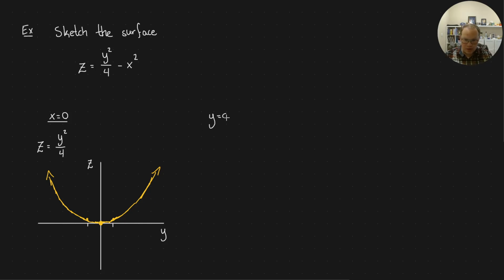Let's do y equals 0. Y equals 0, we're going to get something very similar. We get z equals negative x squared. Again, a parabola. This one, though, in the xz plane, it's going to open down.